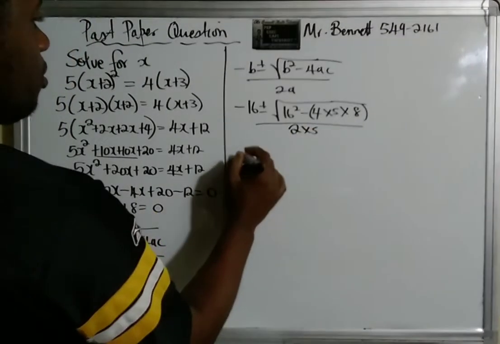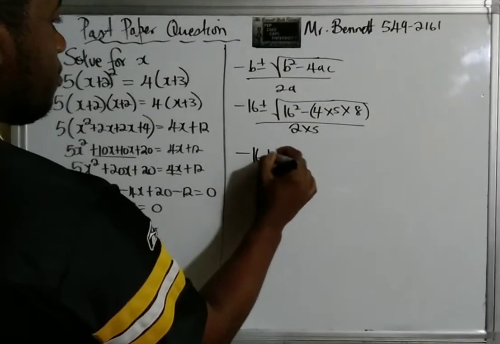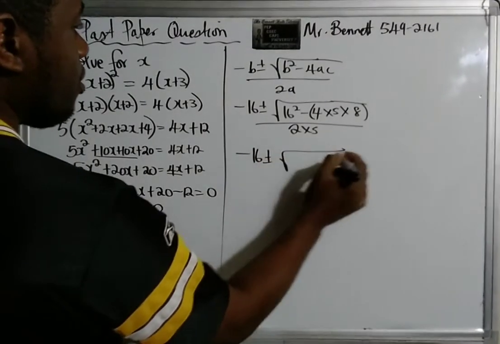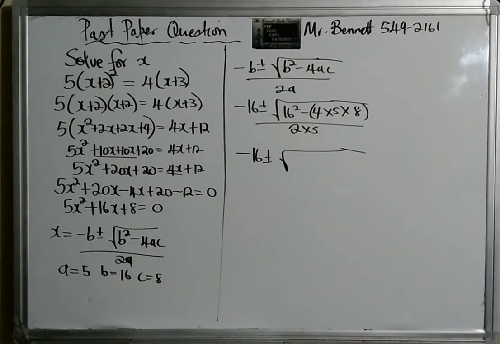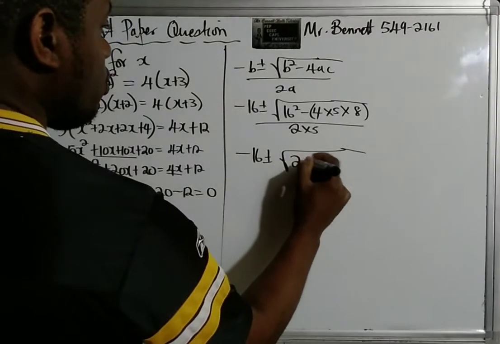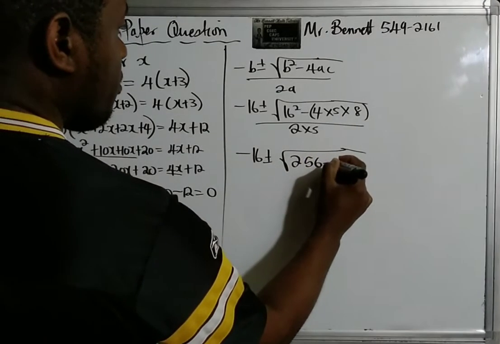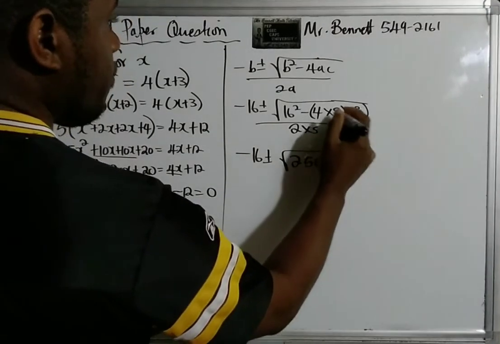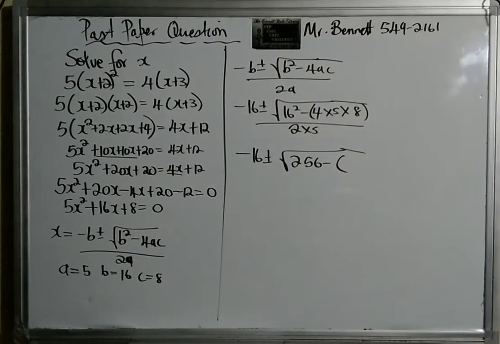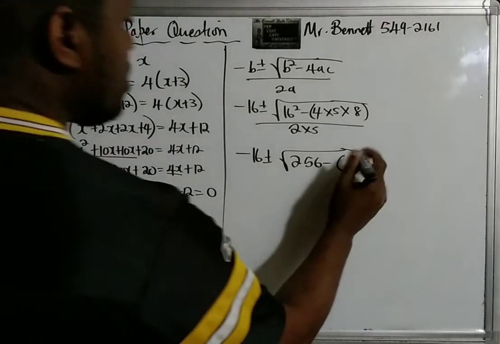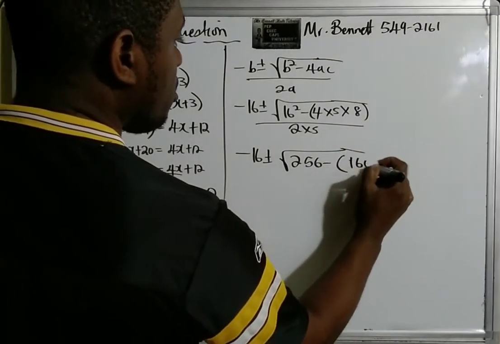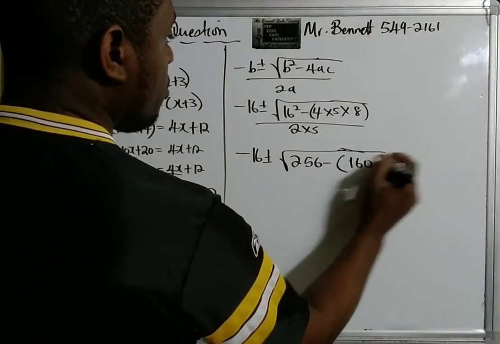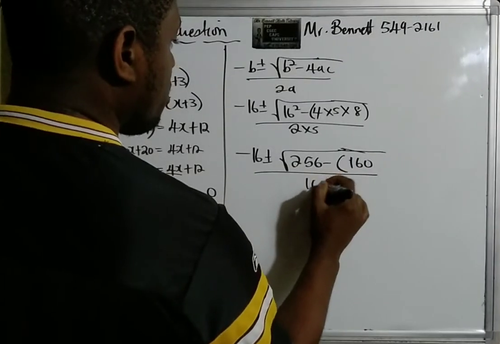Now we're going to square 16, so we multiply 16 times 16, because that's what square means, and that works out to 256, minus 4 times 5 is 20, and 8 times 20 is 160, all over 10.